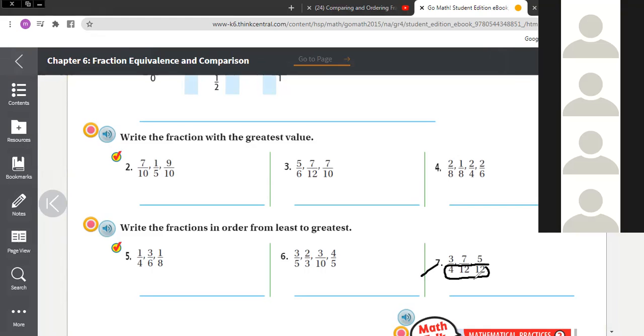No, because 3 over 4, it's not 12. We need to convert 4 to be 12. How can we do that?